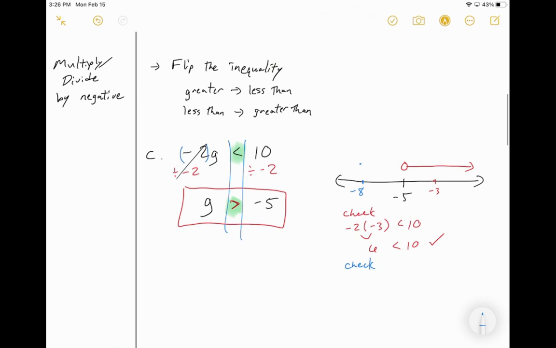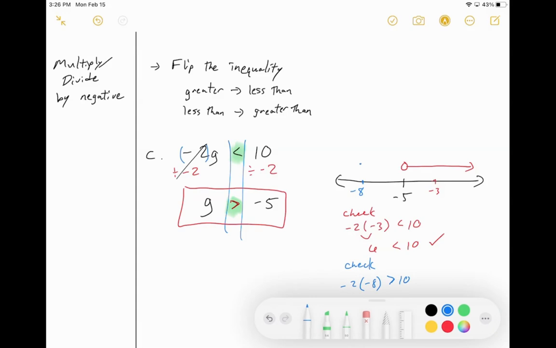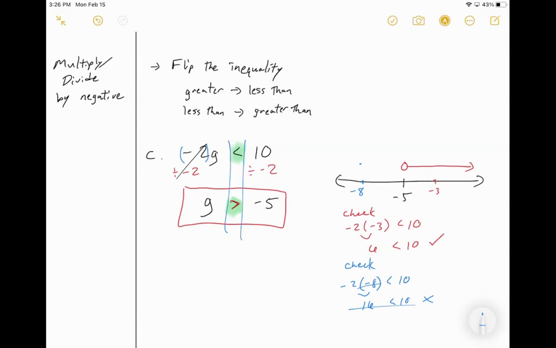Negative 2 times negative 8 should be greater than... oh, sorry, it should be less than. I've got to go back to the original problem. This is 16. Is that less than 10? It is not. So this one should not work, and it doesn't. It's not part of our line.